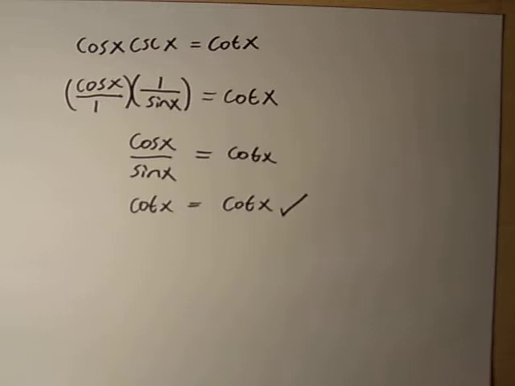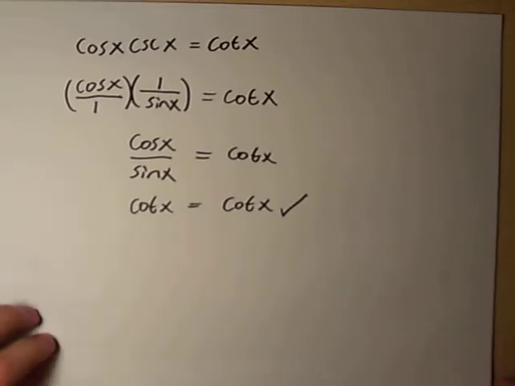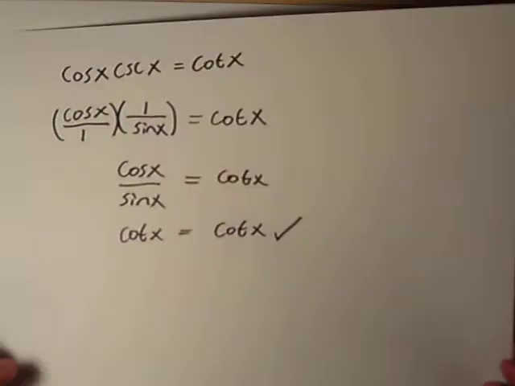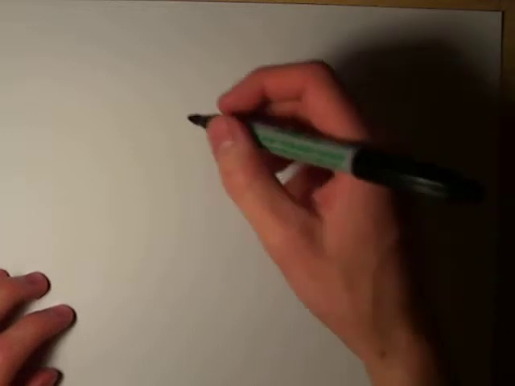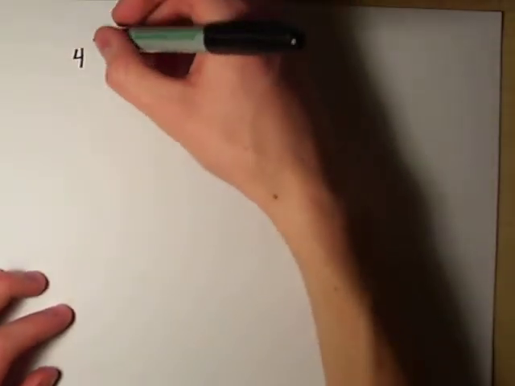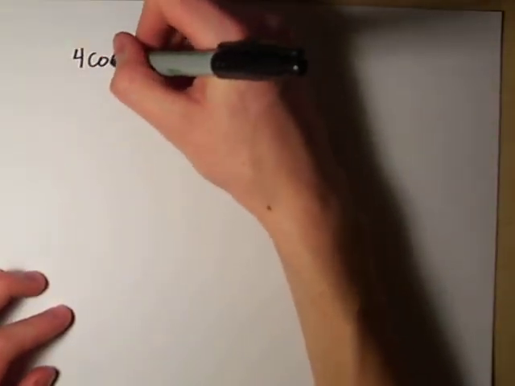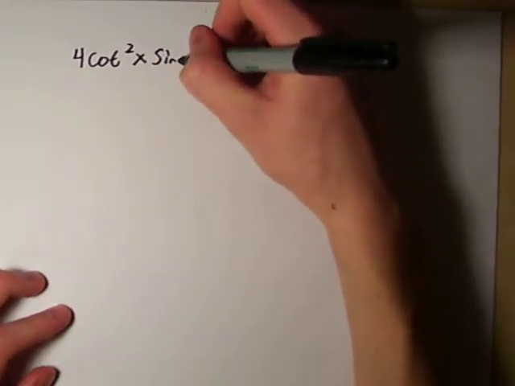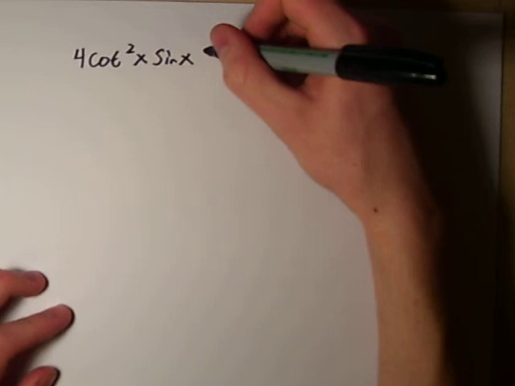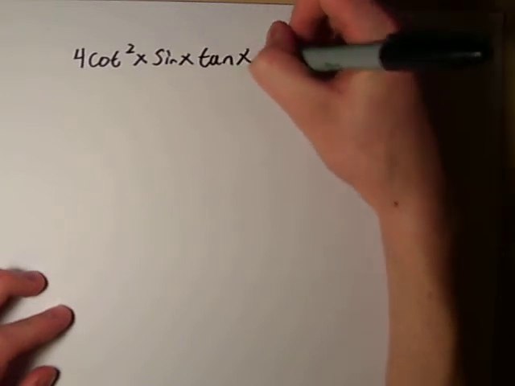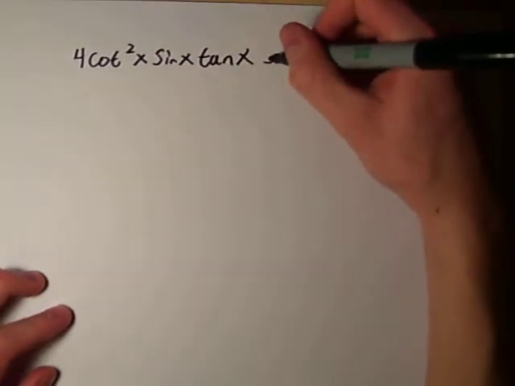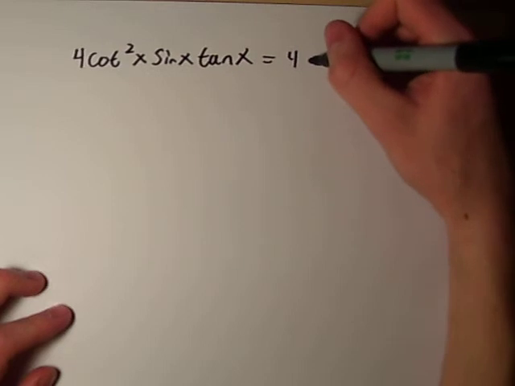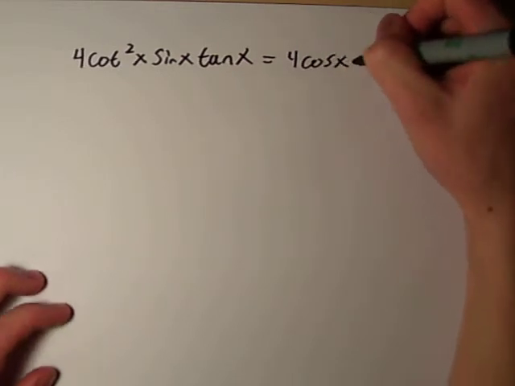Some of them that follow a similar sort of principle will just look a bit different. Like if we have a look at, for example, 4 cotangent squared x sine x tangent x equals 4 cosine x.